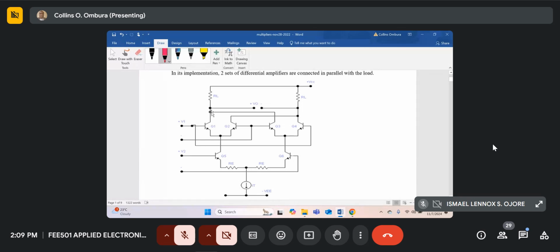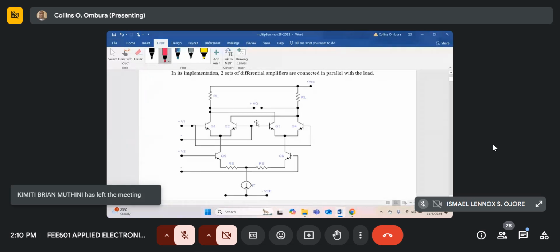We let the collector current of Q1 be called IC1 or just I1. And as I said, I'm using capitals, but actually these are signals. Likewise, the collector currents of Q2, Q3, Q4 will be called I2, I3, I4, and of Q5, Q6 will be called I5, I6. These are the dynamic currents, not the quiescent currents for biasing. These are the signal currents.